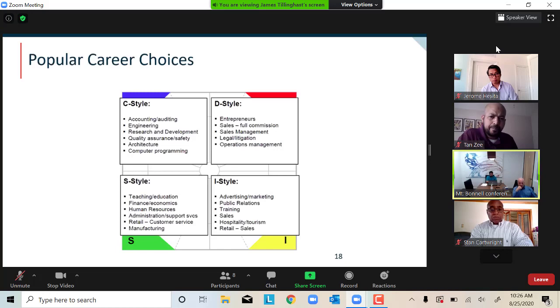If you go to Italy, you're going to have a whole bunch of people in the I style. Very expressive, very people-oriented, big families, family affairs, celebrations, etc. I think it's like 30 plus points are Is, and you get into the Romanesque countries, the Mediterranean countries.